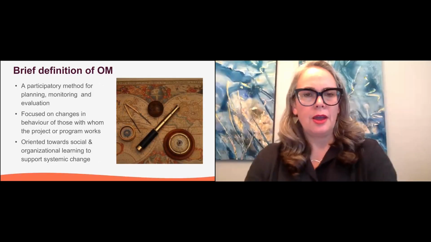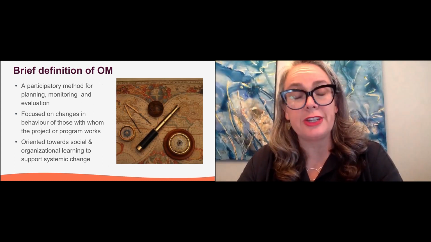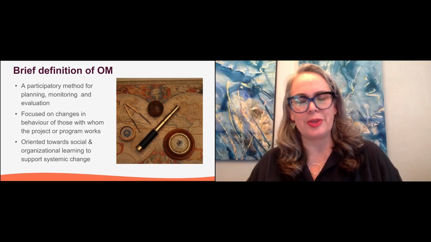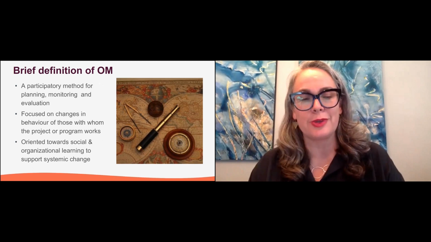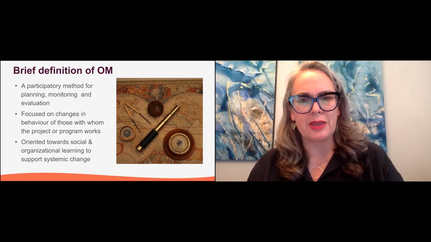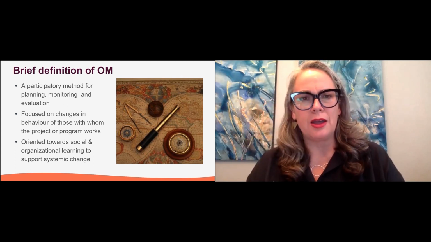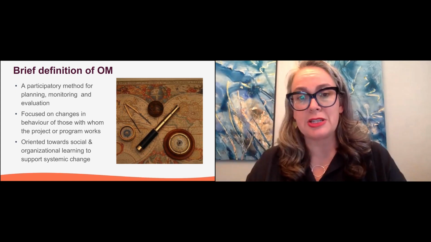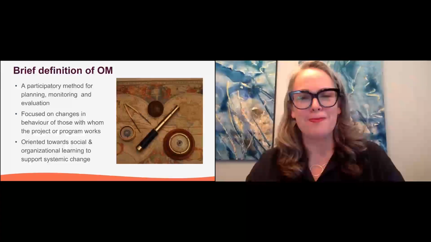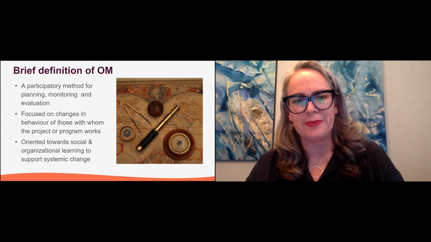Thanks, Simon. So this is a really distilled definition of outcome mapping, stripping away everything to its basics. What is outcome mapping? As you may have heard in introductions from Richard and Mariam, in its essence, it's a participatory method. It's meant to be a participatory method and approach for planning, monitoring, and evaluation.